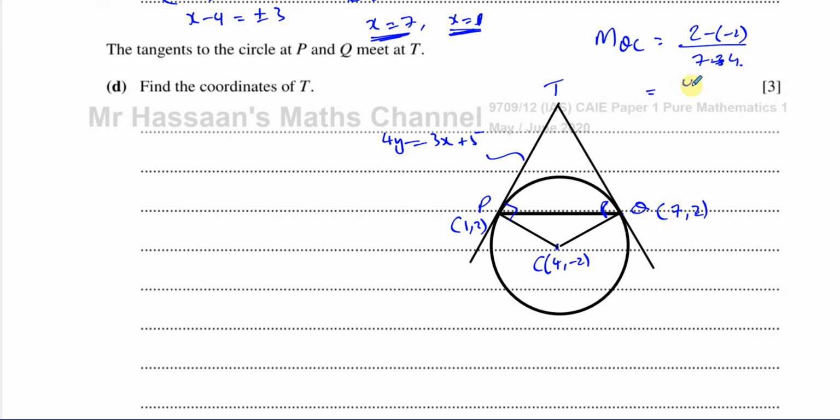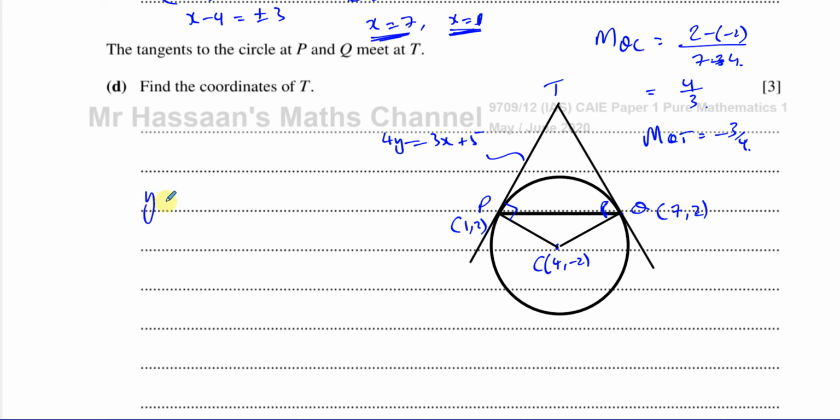That's going to be 4 over 3. So the gradient of Q to T is going to be negative 3/4. I guess you could have worked that out because this is positive 3/4, so that would be negative 3/4.